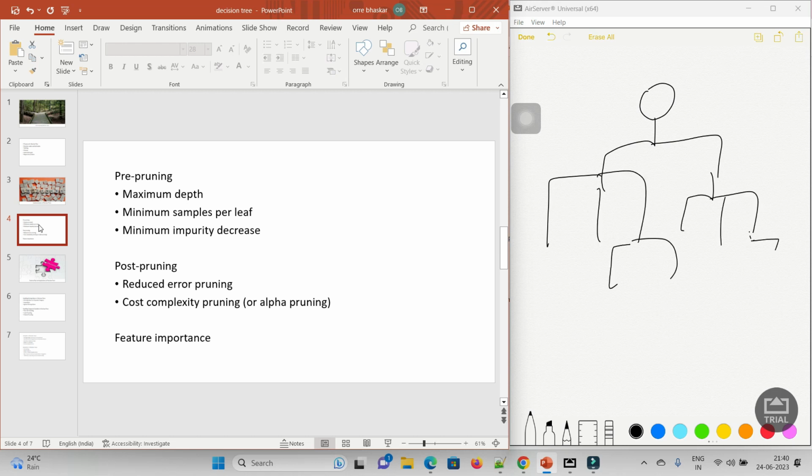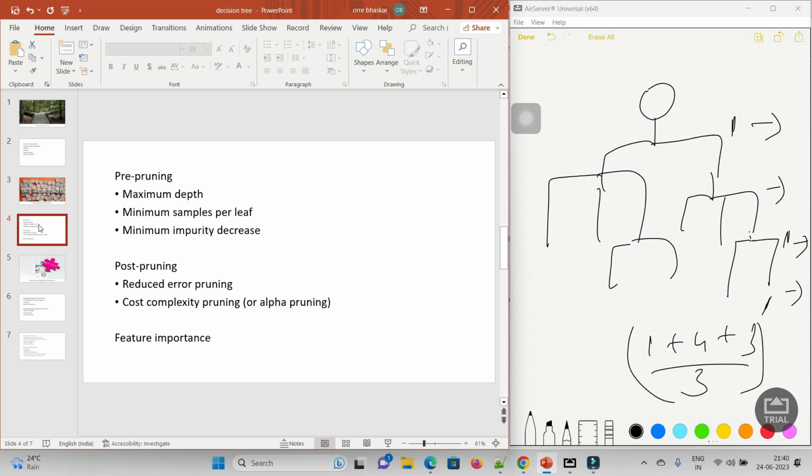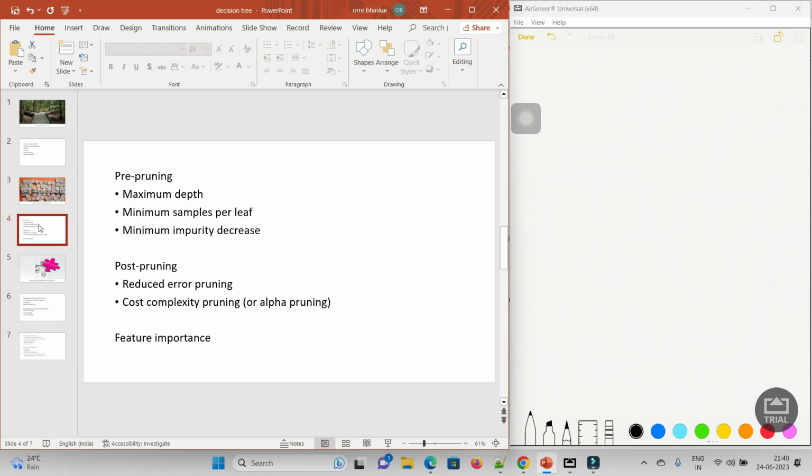A feature can be repeated multiple times. Assume feature 1 is repeated here, here, and here, at level 1, level 4, and level 3. So it will be (1 + 4 + 3) / 3, the average. This is for feature 1. Similarly, we calculate the average distance of feature 2.